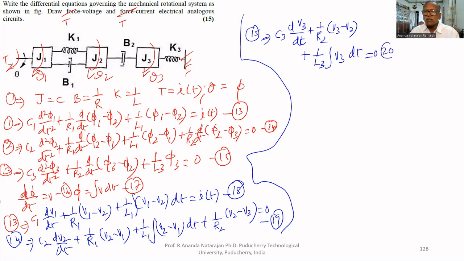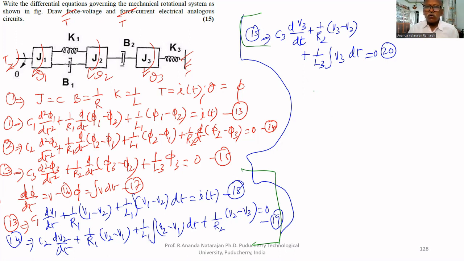This becomes the 20th equation. 18, 19, and 20 are the torque-current electrical analogous of the mechanical system.